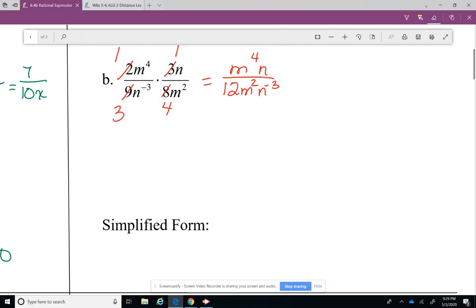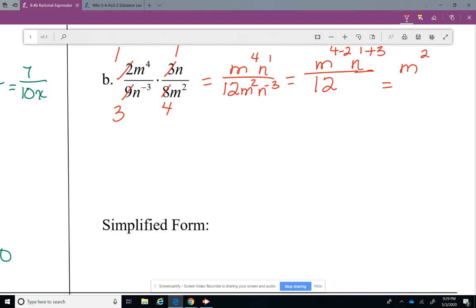All right, so now we have 12 on the bottom. We have m to the 4 minus 2, and we have n to the 1 minus -3. Remember, minus a negative makes it a plus. So now we have m squared, 4 minus 2 is 2, and n to the 1 plus 3 is 4.